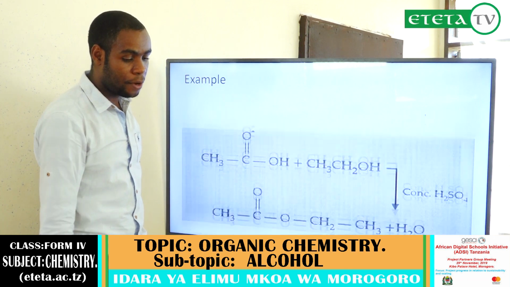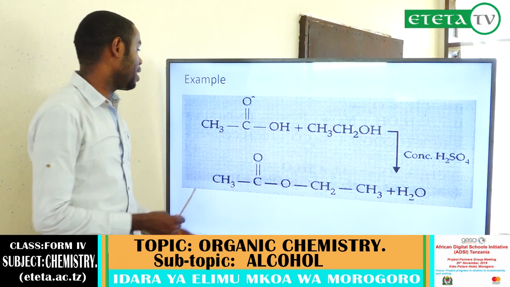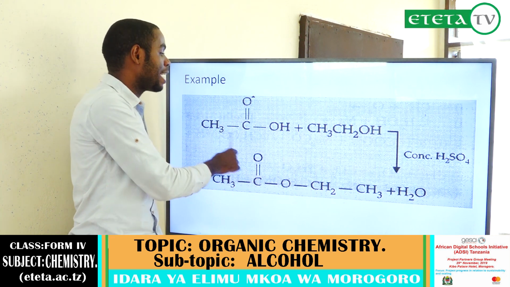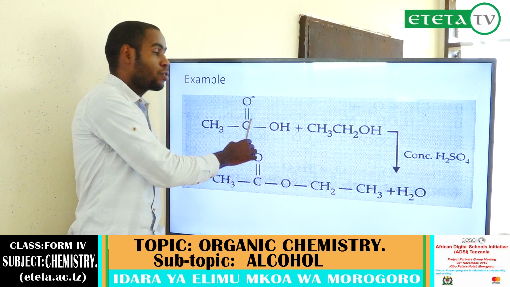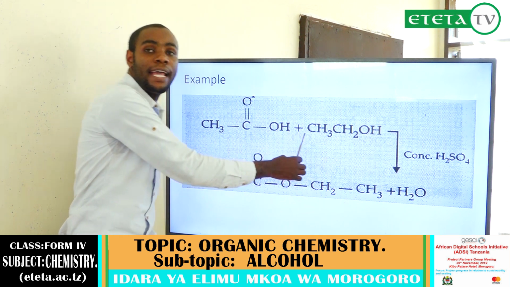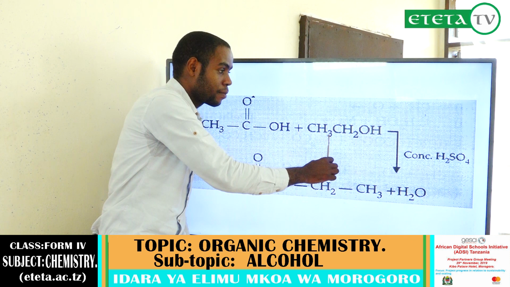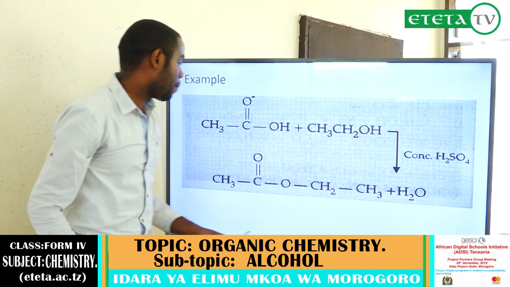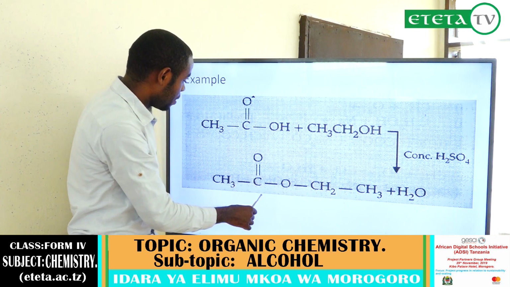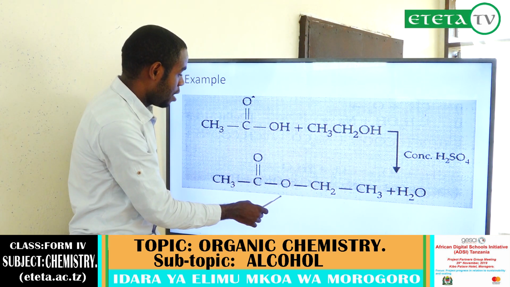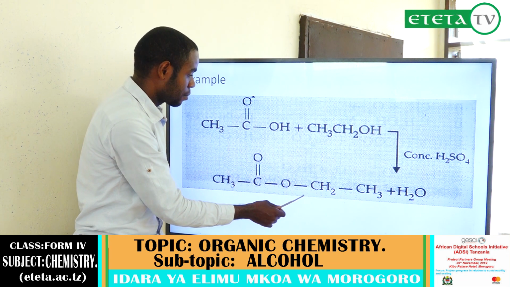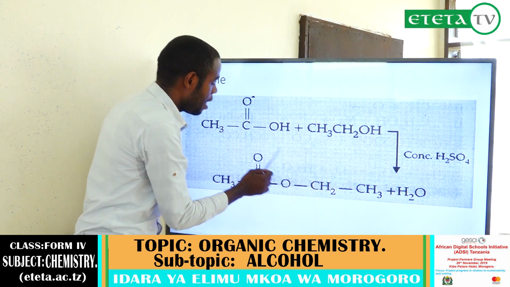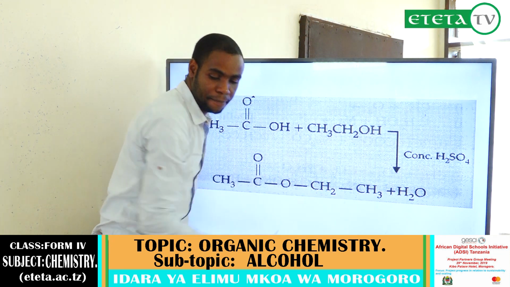Now let us look at an example. Here you have a carboxylic acid, which is ethanoic acid. The reaction between ethanoic acid and ethanol in acidic media, concentrated sulfuric acid, produces ethyl ethanoate and water.